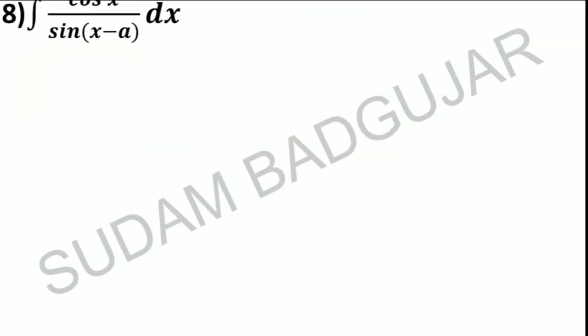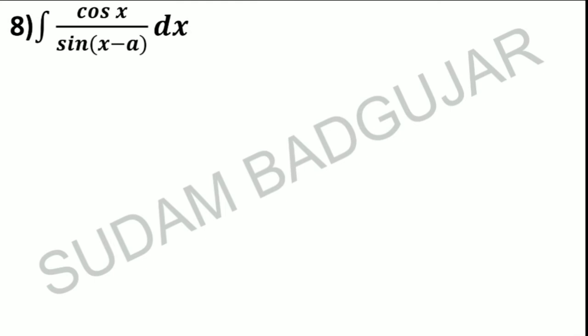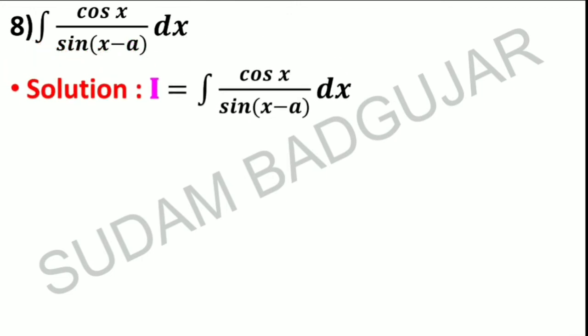Now question number 8, integration of cos x upon sine of x minus a. This is very important. Let I be the given integration. Now observe this cos x: it is integration of numerator upon denominator form, means integration of u upon v form, but there is no integration of u upon v formula.